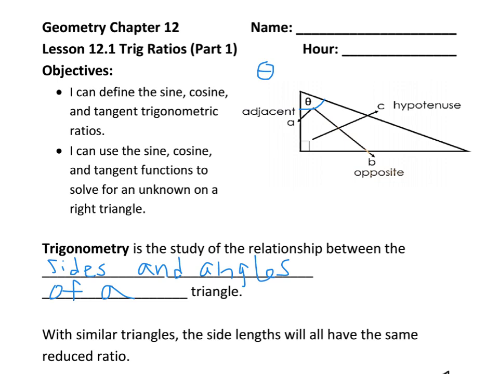So if theta is here, opposite of it is across, opposite. And then you look for the 90 degrees, and opposite of that is the hypotenuse, opposite of 90 degrees. And then whatever side is next to theta that we haven't already covered will be called adjacent, which is next to.